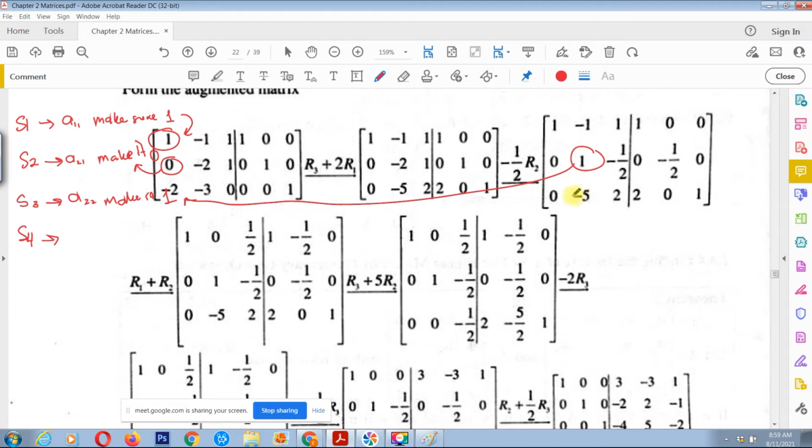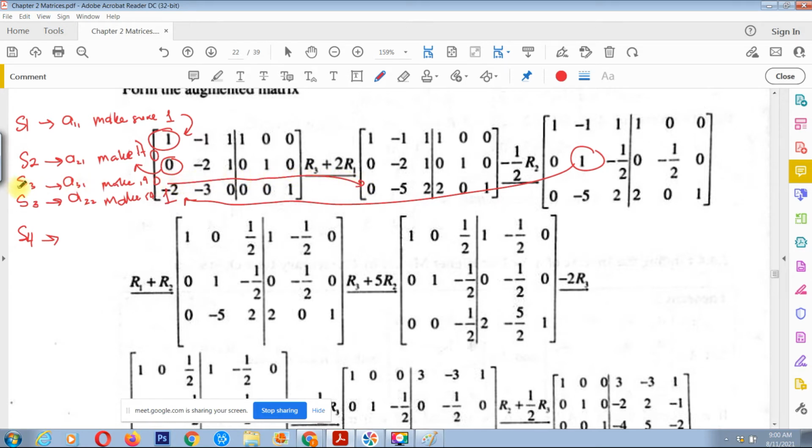So step 4, maybe we can put step 3 is A31, make it 0. We can also put this, that is optional.